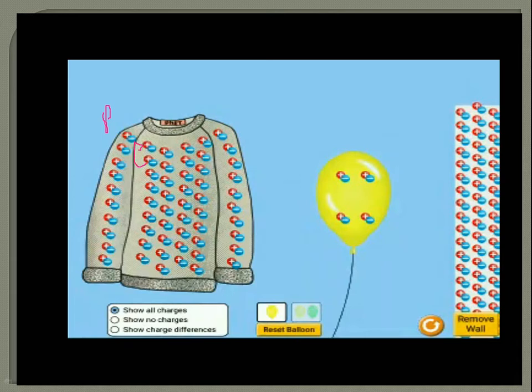So what we are doing is, we rub this balloon against this jacket. Then see what will happen. See what is happening there.